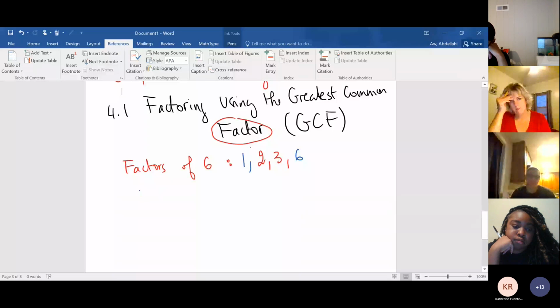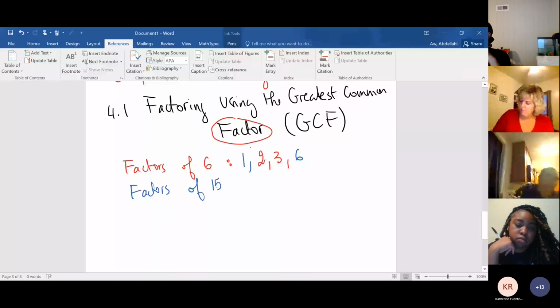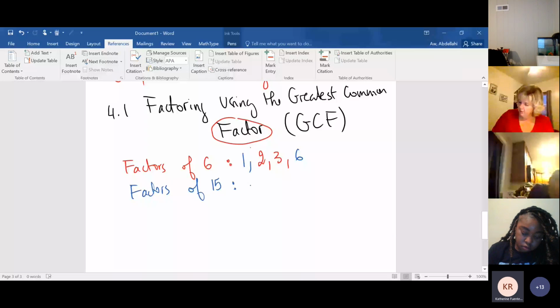Now, what are the factors of 15? What are the numbers you can divide 15 by? We start with 1 and 15, then 3 and 5.